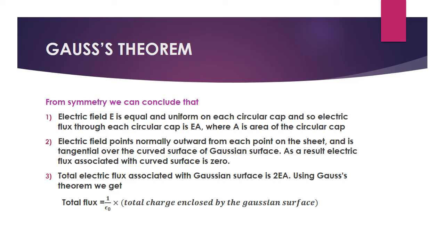Using Gauss's theorem, we get total flux is equal to 1 by epsilon 0 multiplied by the total charge enclosed by the Gaussian surface.